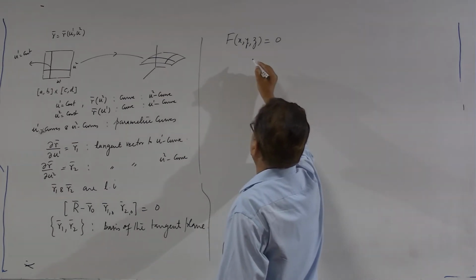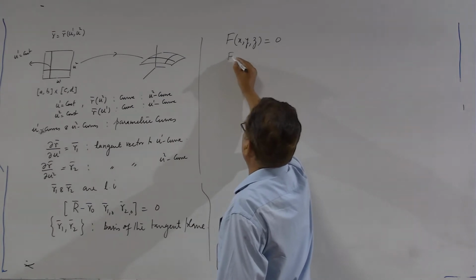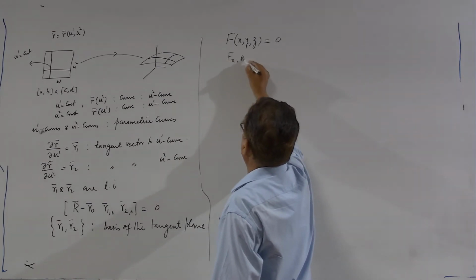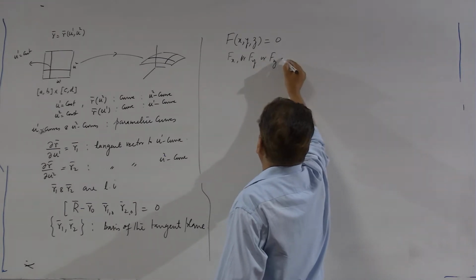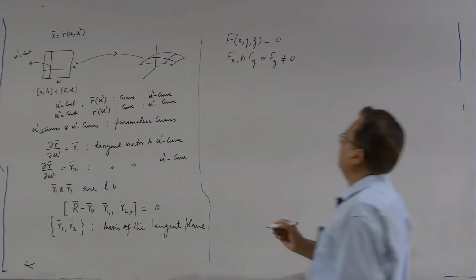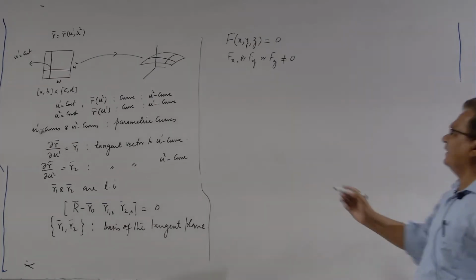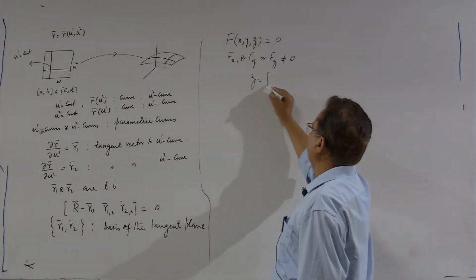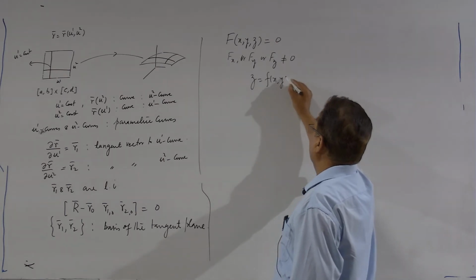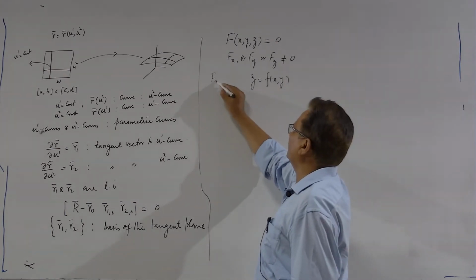What happens is, if one of the partial derivatives f_x or f_y or f_z is non-zero, then the implicit function theorem says that we can convert this equation into an equation of the type z equal to f(x, y), if I assume that f_z is non-zero.